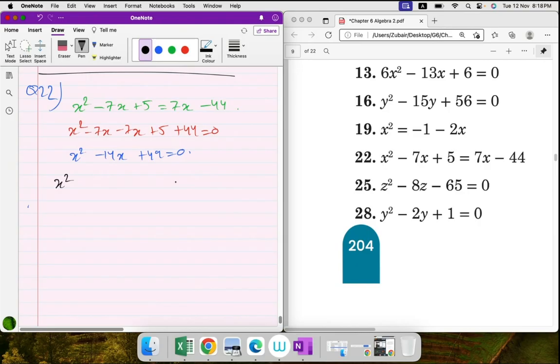What are the middle numbers? It will take 5, 7 and 7. I got the answer, I got 7. That's correct.